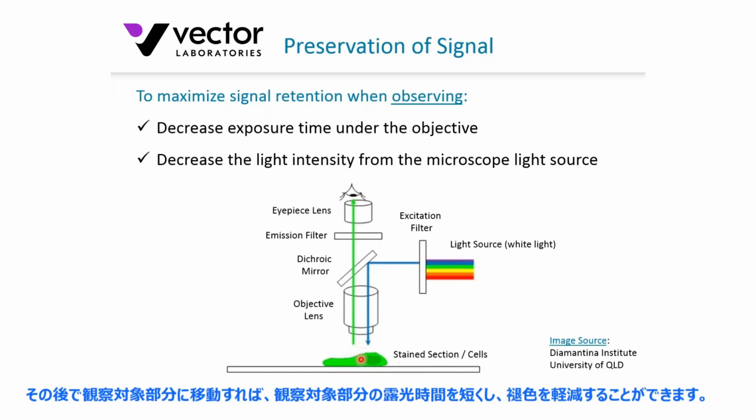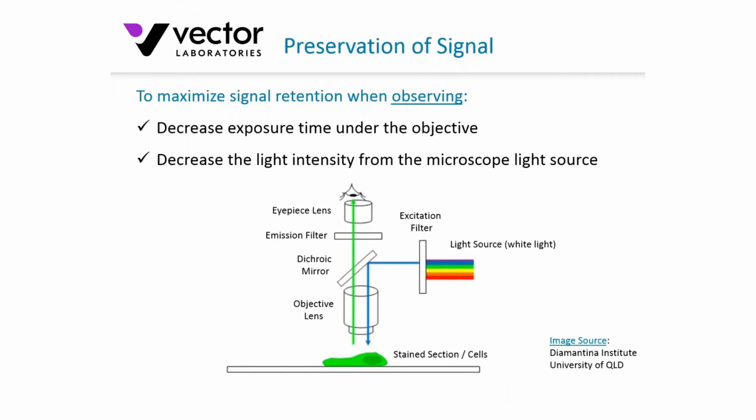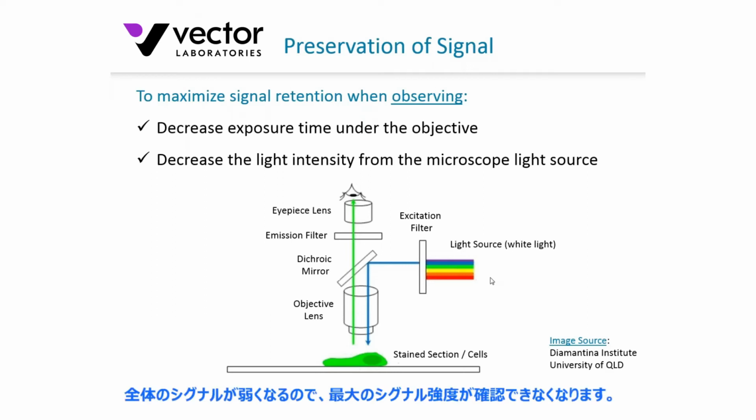And that will save on exposure time of that key part and give you maximum signal and retention. Another little trick would be to decrease the intensity of the light source coming in from the microscope. Now, that does two things. It certainly would prevent photobleaching to a large extent, but it would also compromise the actual maximum signal intensity you may get from the fluorophore or the specific target staining. So just be aware of that compromise.